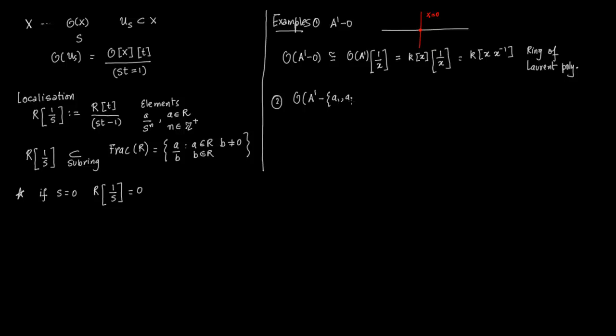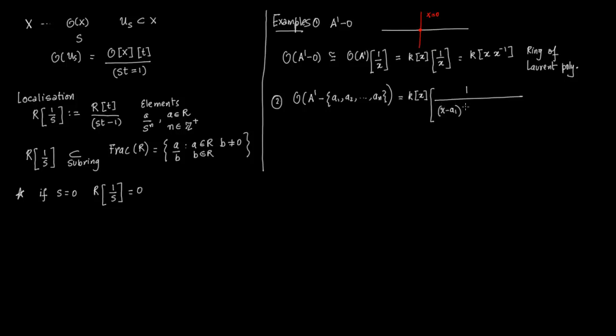So what if you take the affine line and you pick out a finite number of points, say you take out n points? Obviously all these points have to be defined by one polynomial, and a multiple of (x minus a1) times (x minus a2) all the way to (x minus an) is such an equation, which will vanish at all these points.